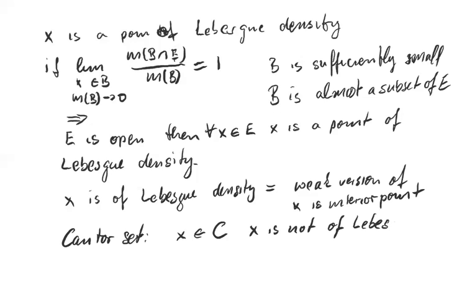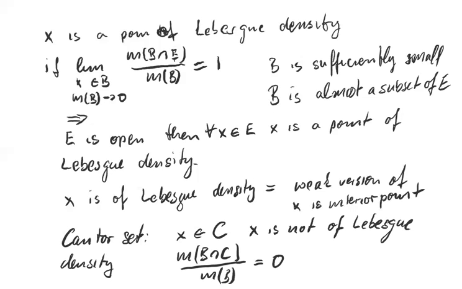No points in the Cantor set are of Lebesgue density, because the measure of B intersected the Cantor set over the measure of B is always 0, because the Cantor set is a set of measure 0. I see.